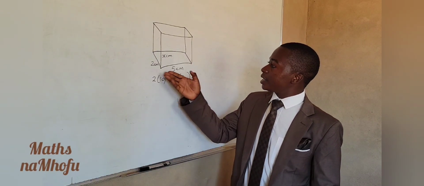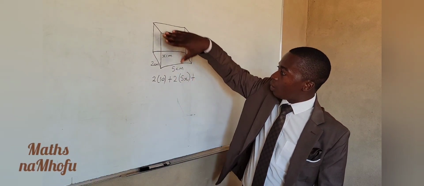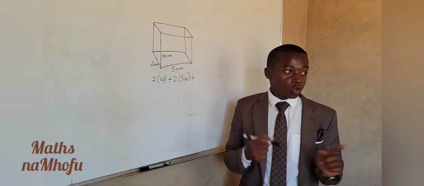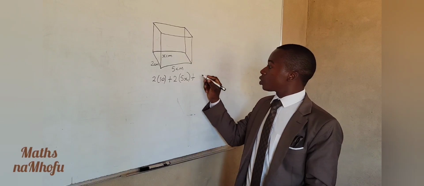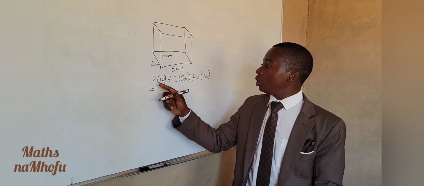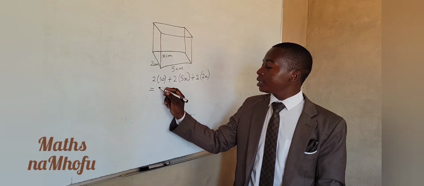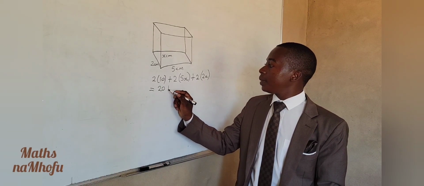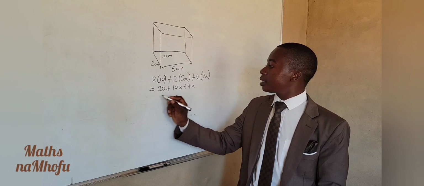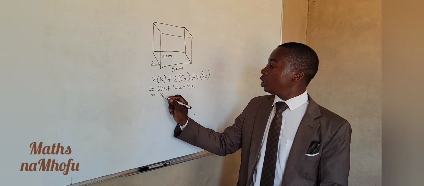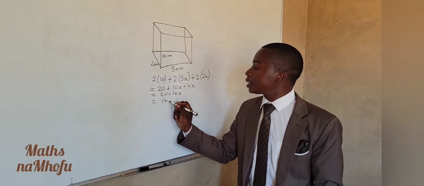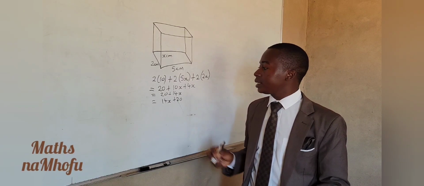Then the first part, the down part, this part. Now, this other side. You understand? So 2 times x, that's 2x, right? Times 2 again. So you now have 2x times 2 again. Now, here you are going to have what? 20 plus 10x plus 4x, which will be equivalent to 20 plus 14x, which is the same as 14x plus 20, like this.